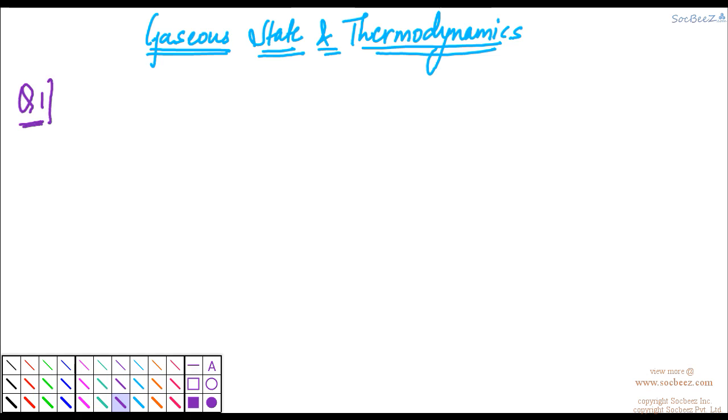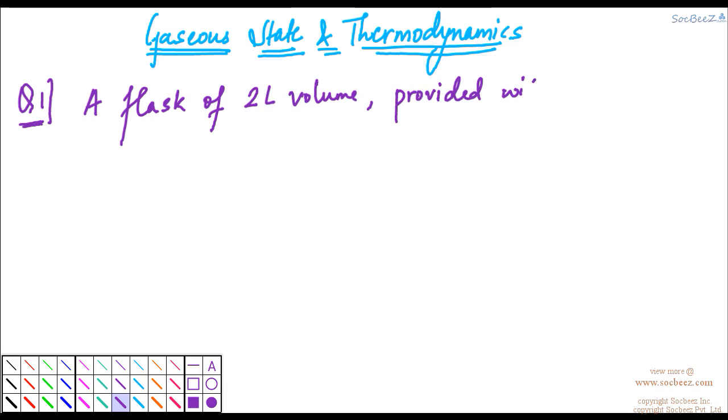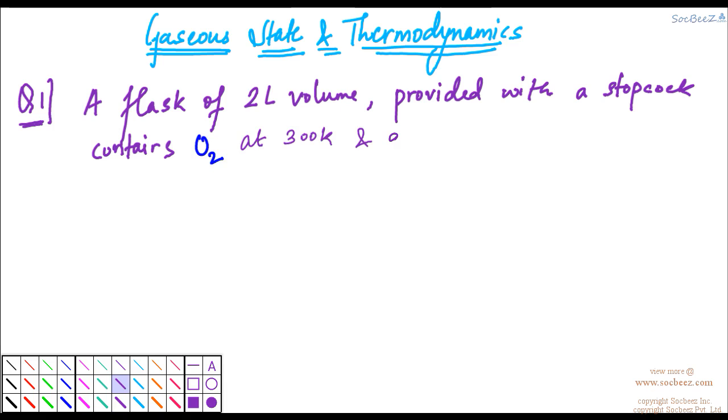Okay, so question 1 says that a flask of 2-liter volume provided with a stopcock to prevent the gas from leaking, basically contains oxygen, that is O2, at 300 Kelvin and atmospheric pressure, that is nothing but 1 atm.